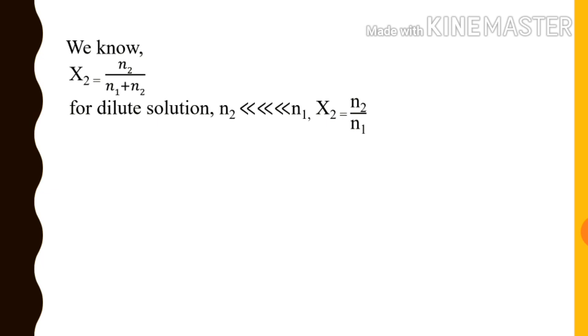So here n2 stands for solute, whereas n1 stands for solvent. Therefore, the term n2 in the denominator gets cancelled because the solution is dilute, and we get x2 is equal to n2 divided by n1.